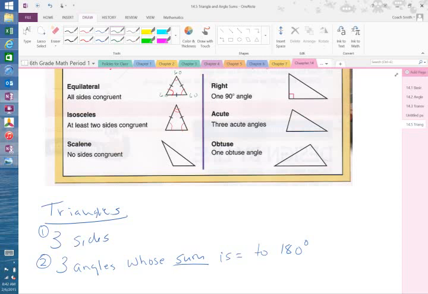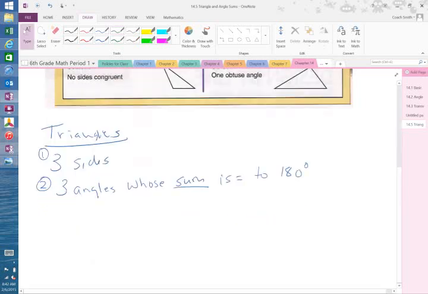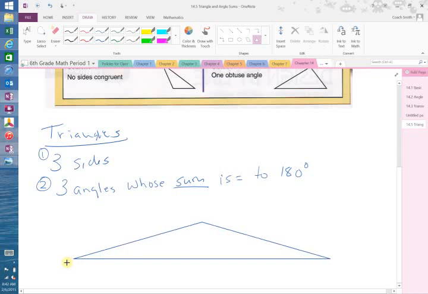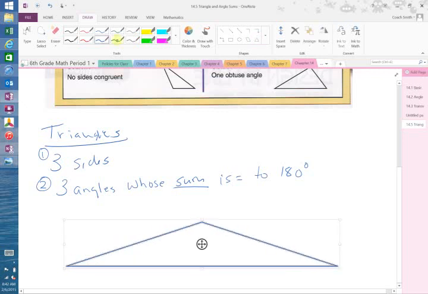Now, understand that I could flatten out that triangle. Let's say I did a triangle like that right there. Understand that this side and that side are still the same length. Well, that bottom one's bigger.